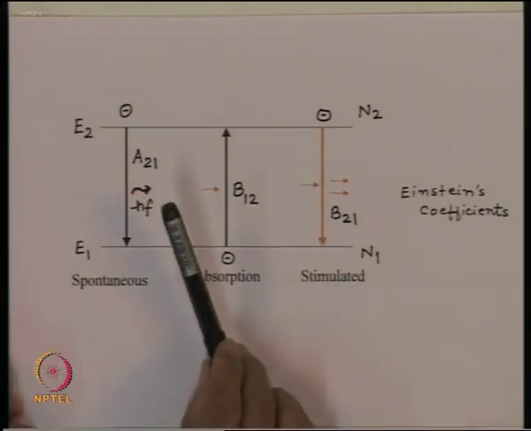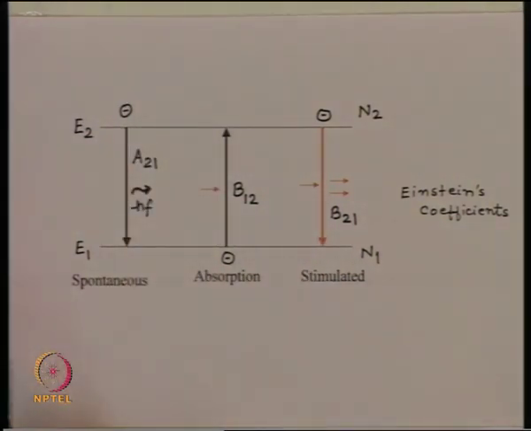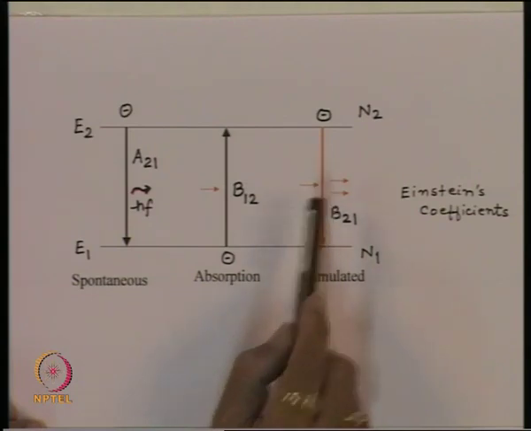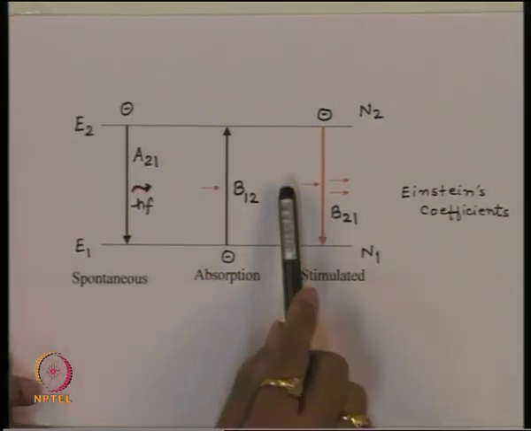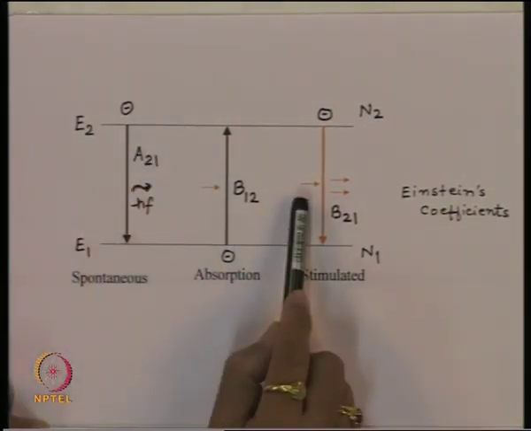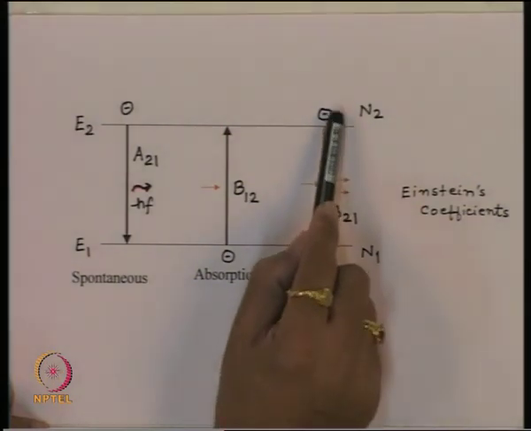Whereas if you look at this process here, which is the spontaneous process, naturally the electron is trying to come down. So you will see that the time constant of this is much larger than the time constant of this process. So whenever this process starts and starts dominating, this process doesn't have much chance to show, because as the photon number grows, very quickly the electrons will be pulled down.